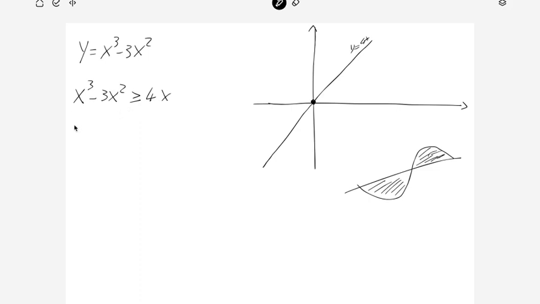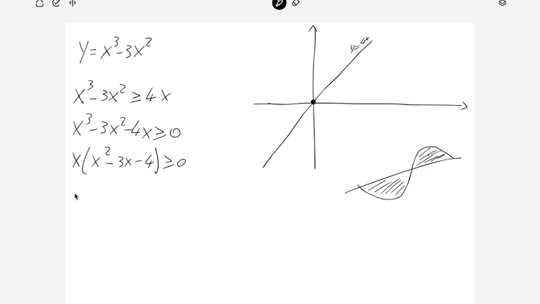Okay, so we have to solve this inequality. So x cubed minus 3x squared minus 4x greater or equal than 0. We factor x, we obtain x squared minus 3x minus 4 greater than 0.